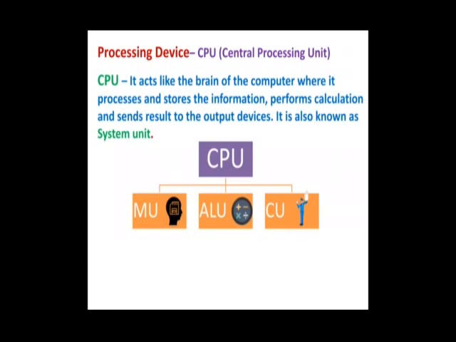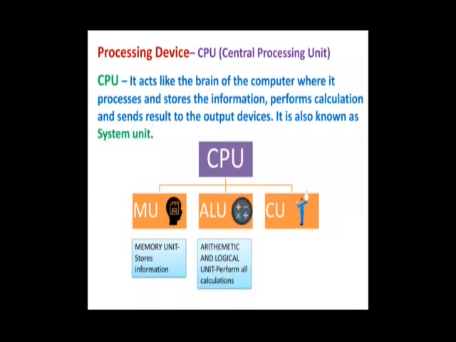The first one, that is memory unit, you can see the person is shown with the memory card, that it stores information that can be used in future. Yes, and arithmetic and logical unit, in this part of the CPU it performs all the calculations, all logical answering, they all are done under this unit, that is the arithmetic and logic unit.